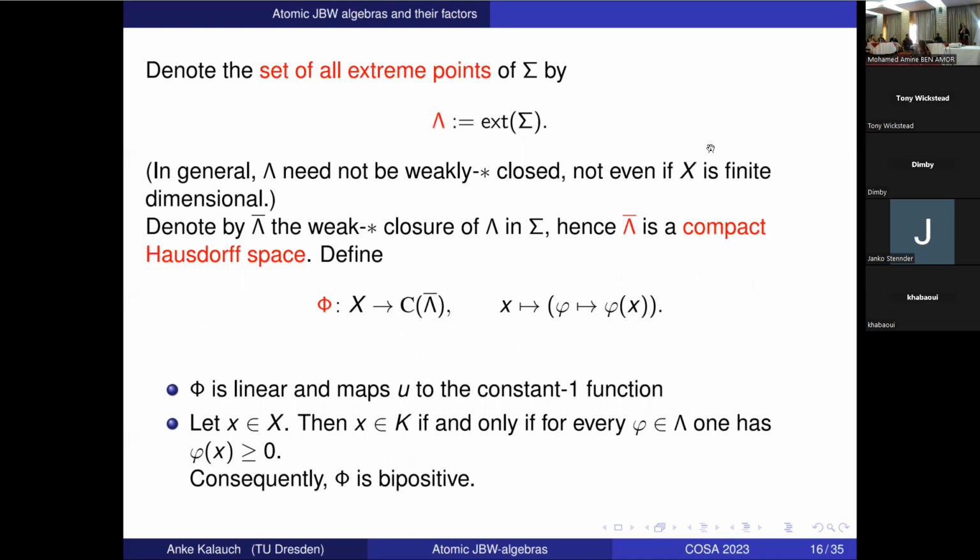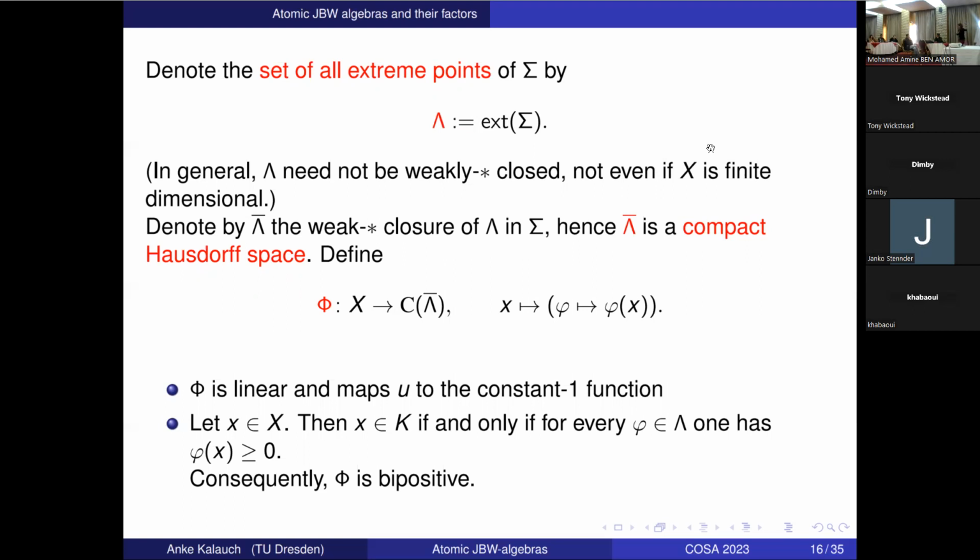So we take the closure there, and then it turns out lambda bar is a compact Hausdorff space. So I can take this as the underlying space for my functional representation, and I embed my order unit space X in a canonical way. Yeah. And this embedding has nice properties. It's linear and maps U to the constant one function, and it turns out to be bipositive.